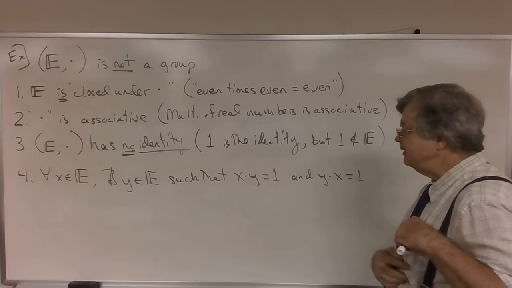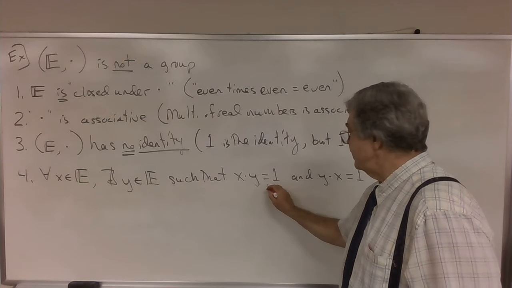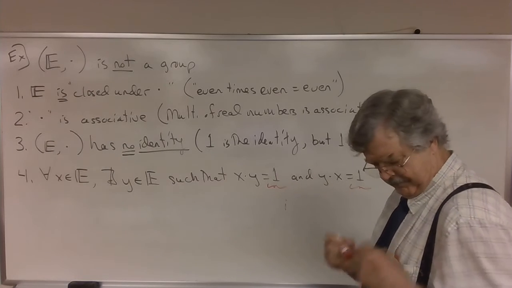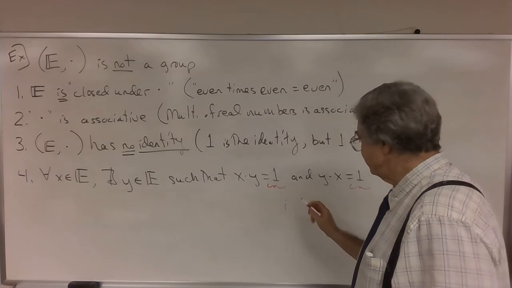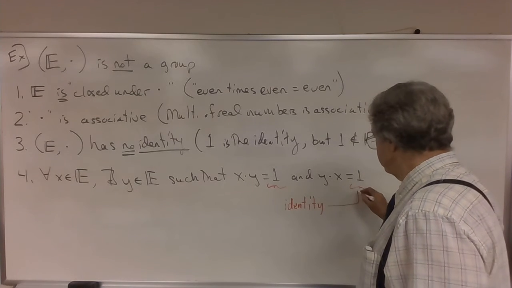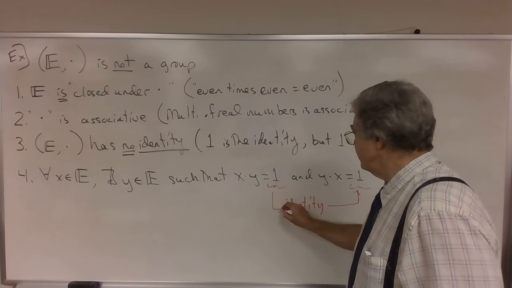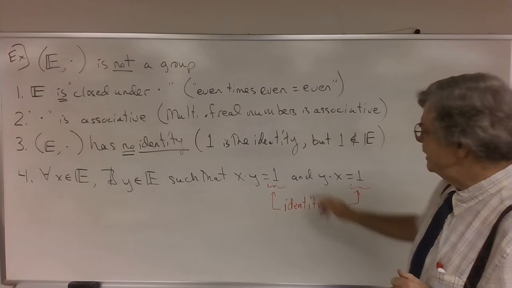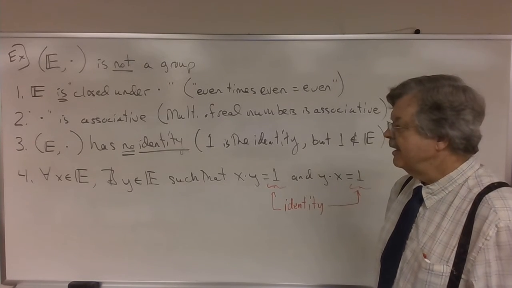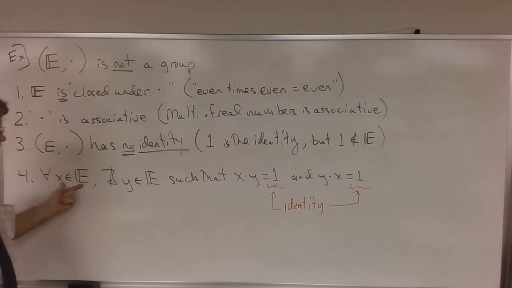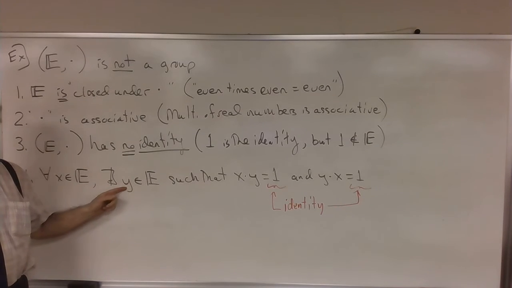Again, 1 is the identity, but it's not an even number. And here we find that for every even number, there's no other even number that is its inverse.